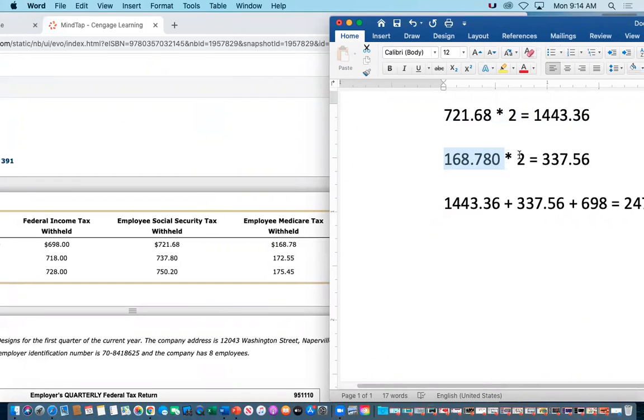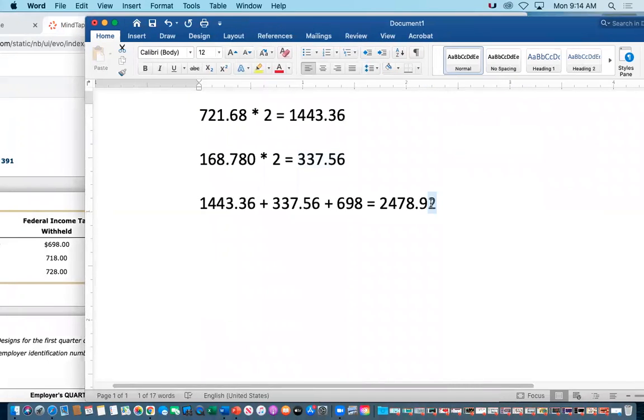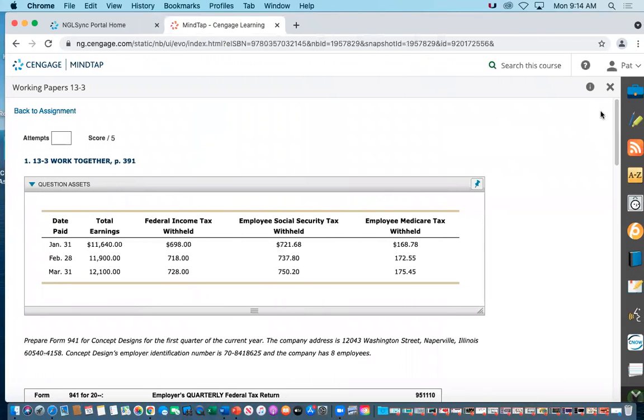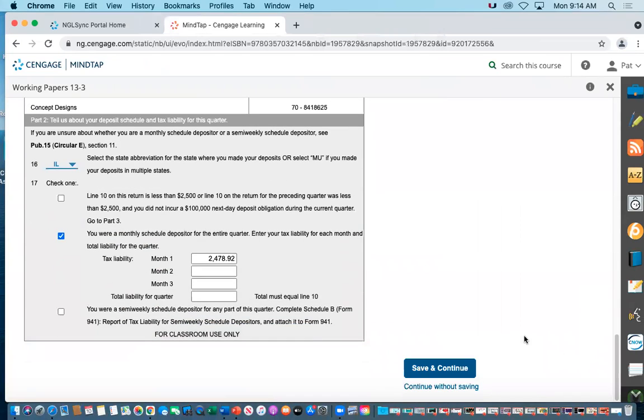For the employee, we got to multiply 2 to match it. We add that number, Social Security, plus Medicare, plus our federal income tax that we withheld. We don't multiply that by 2. And this is your number that you place way down here. That is your monthly taxes.